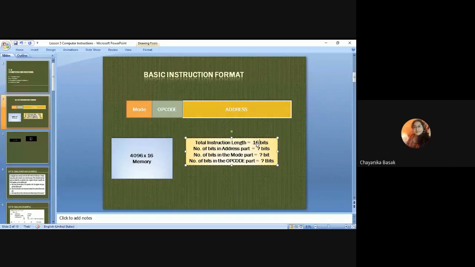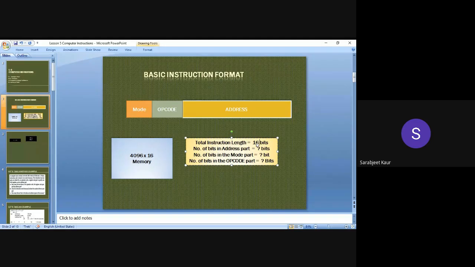So if I instead said that an instruction is packed in two words, then what would be the length of this instruction? It would have been 32 bits. If I would have said it is packed in 4 words, then 64 bits. But now since I'm not specifying anything, it is taken to be the normal word length, which is 16 bits.